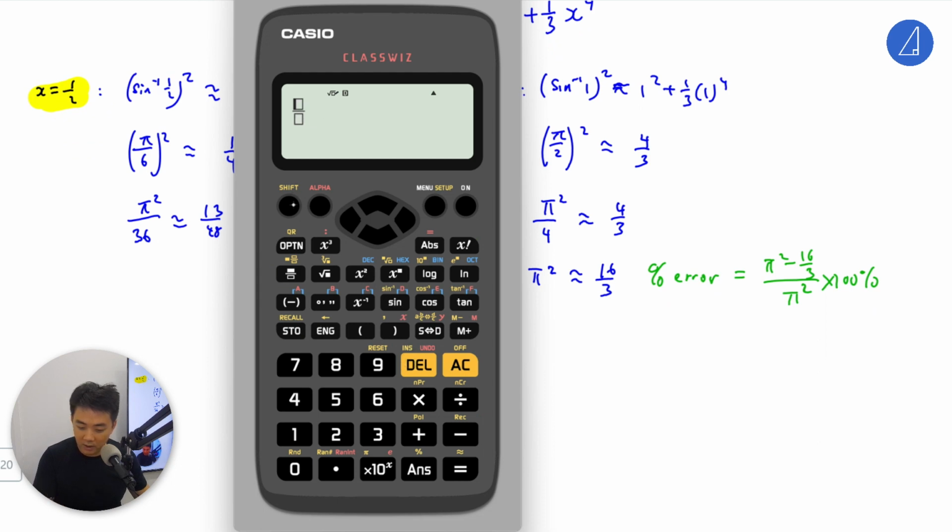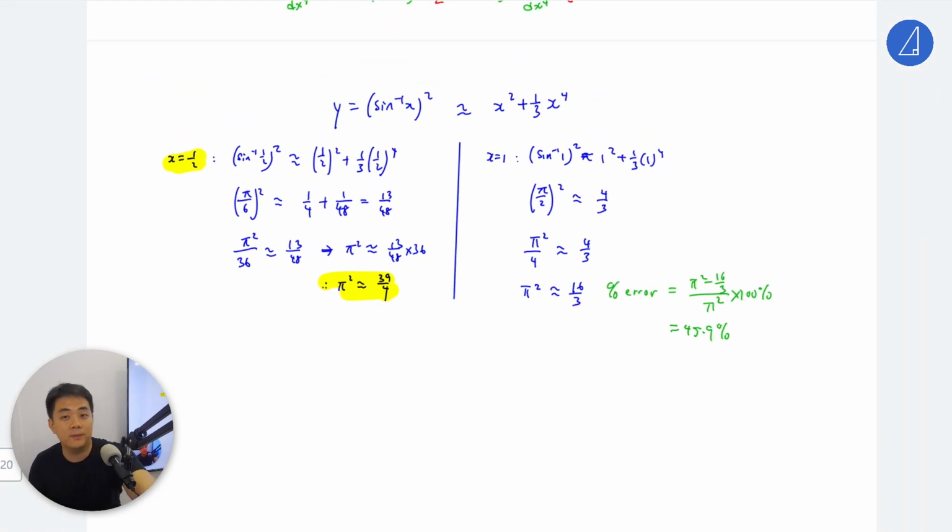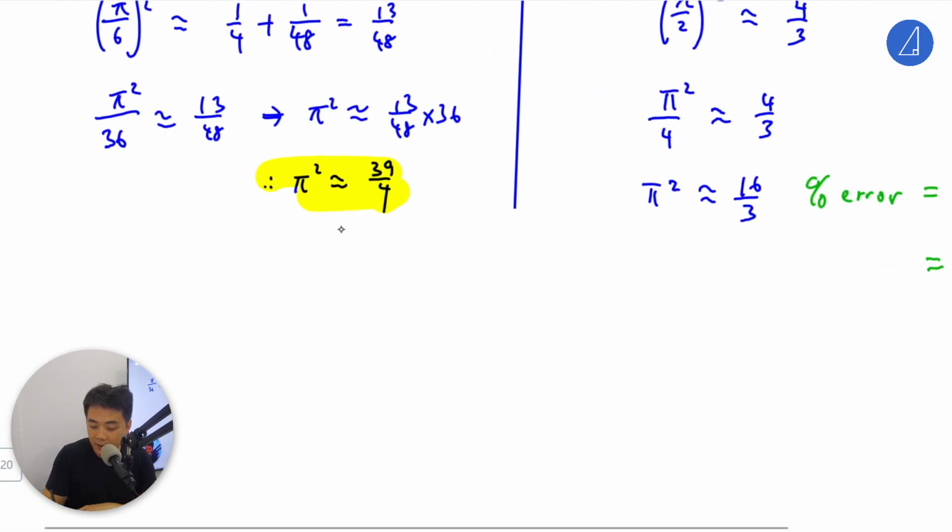Minus 16 over 3. I just multiply 100. 45.9%. The percentage error is 45.9%. Then might as well just don't estimate. This percentage error here, only 0.21%.